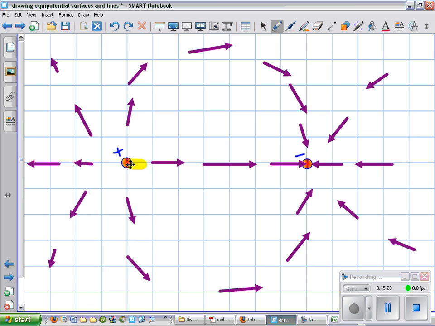We start from positive and we go to negative, so we know this one will be pointed directly this way. And I'll put my arrowhead on it to show you how it's directed. And then here, I start on the charge, and I go tangent to each of the vectors as I get to them, kind of like connecting the dots with a little bit more math knowledge than you probably had when you first started connecting the dots.